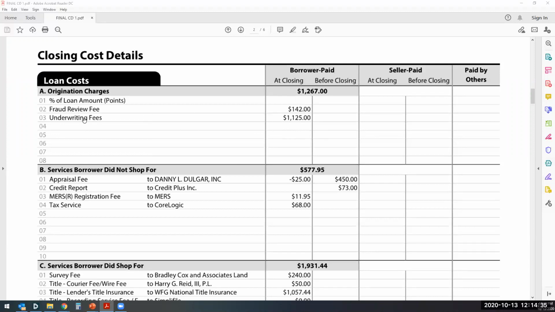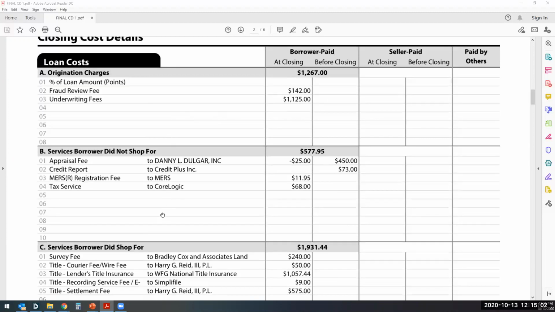So our loan costs, like origination charges, are, for me, excellent, because I've worked with all the lenders before, and I've seen a lot of other closing disclosures from other lenders, and $1,267 is actually a very reasonable charge. Okay.